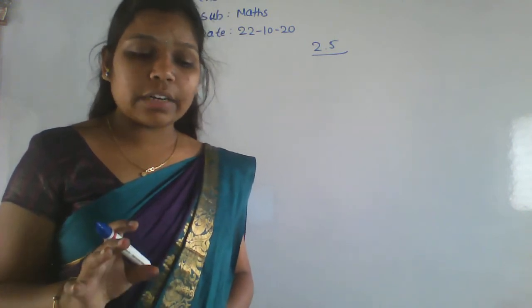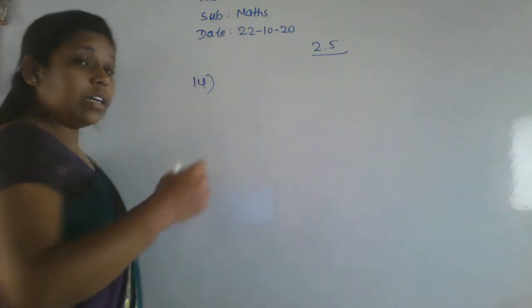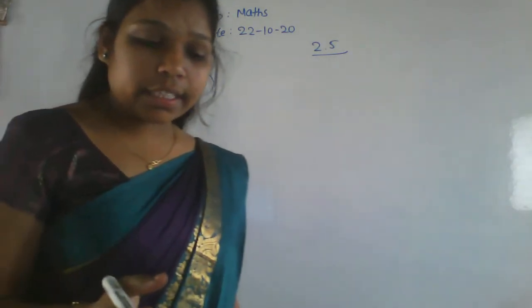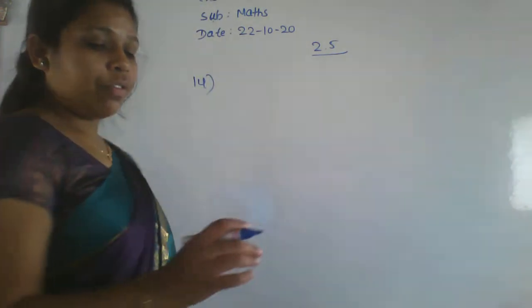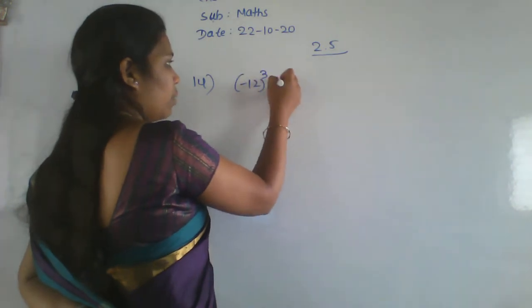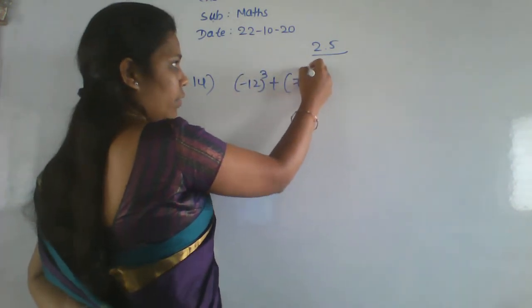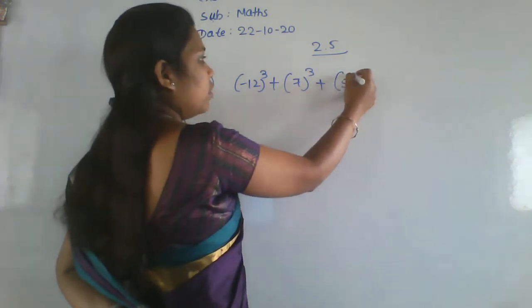Okay, how to do that one? First one, 14th one. Again, we have to use the 13th formula only. In 13th we solved, no? That formula only we have to use here. For that, minus 12 cube plus 7 cube plus 5 cube.